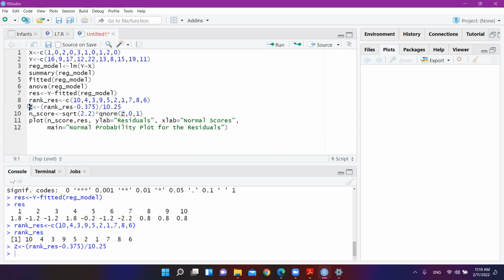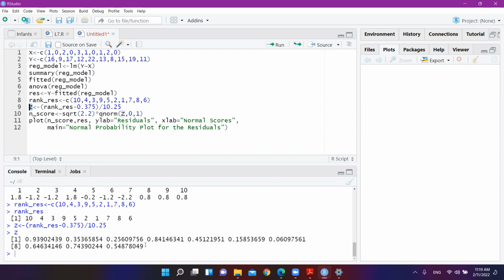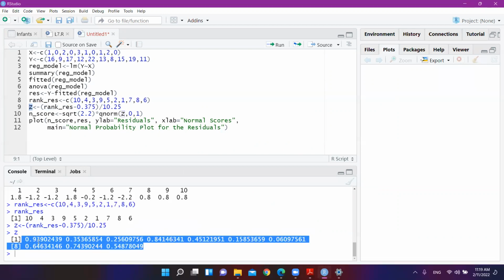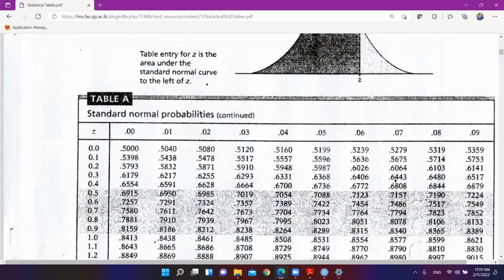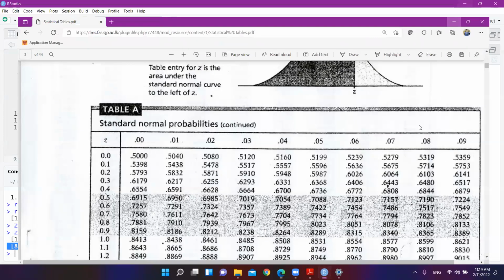When I take the Z values, these are the quantile values that I read from the table, right? If I take this, the values read from these, okay?